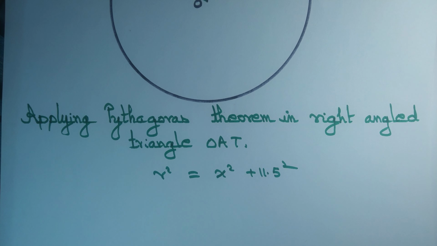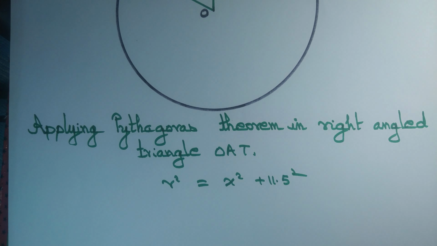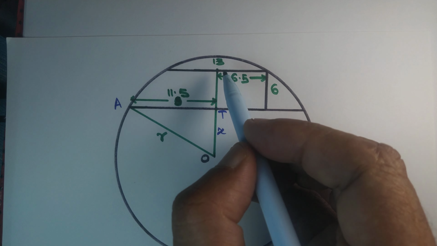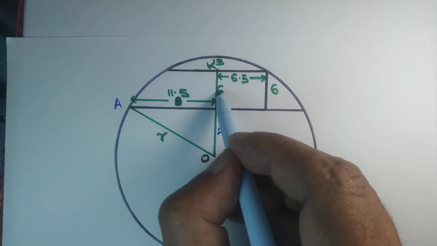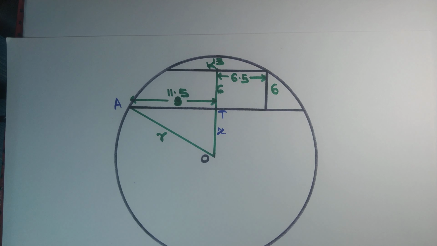Again, but we want to determine R, so we have two unknowns, R and x. We need some other relation. Observe that TK measures 6 units. This is a rectangle, so opposite sides of a rectangle are equal. In fact, those two lines are parallel, so the distance must be equal.